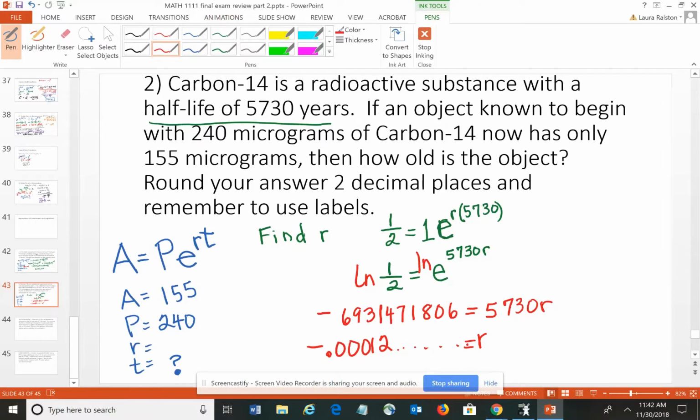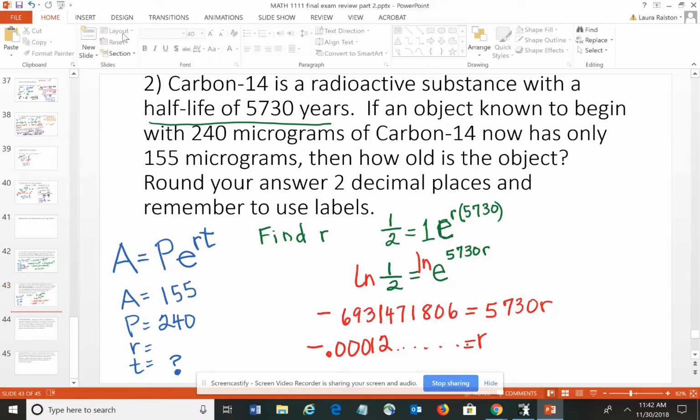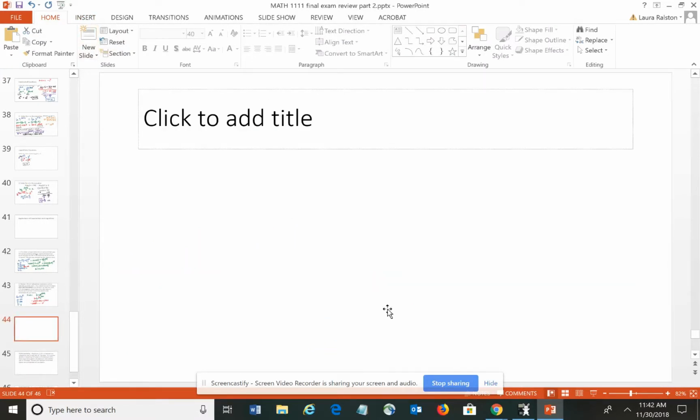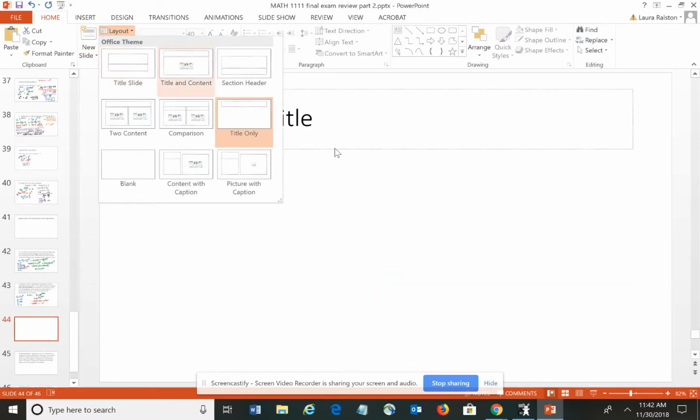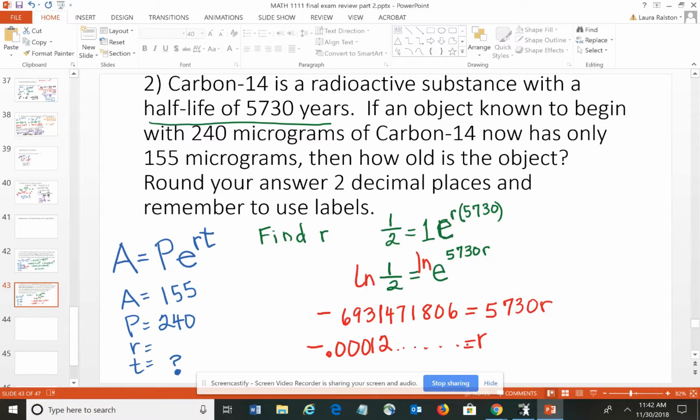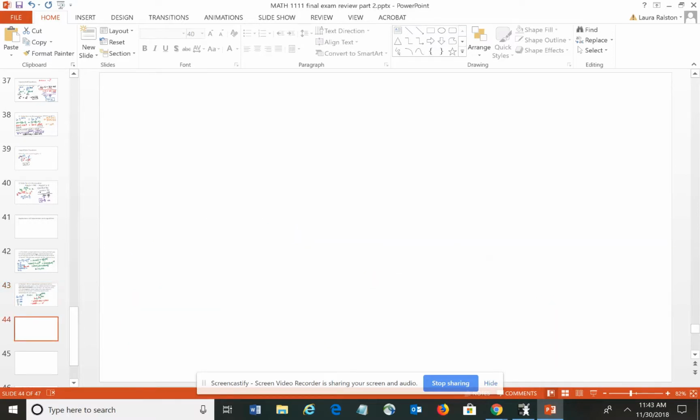So once we've found R, I need a new slide here so I can have some room. I'm going to move on to a new slide, because then we're going to take these numbers and plug in using that R value.